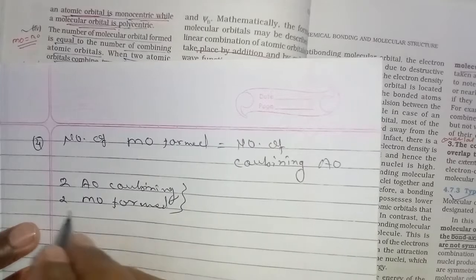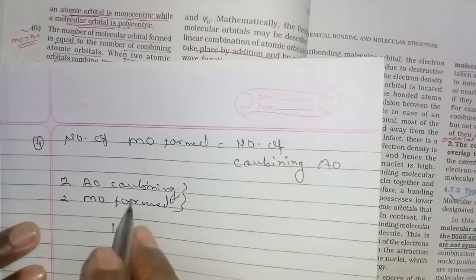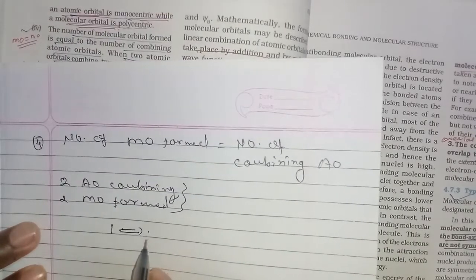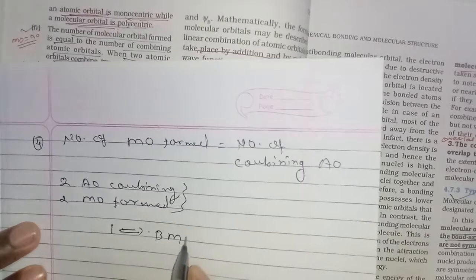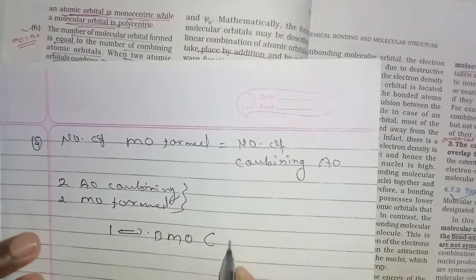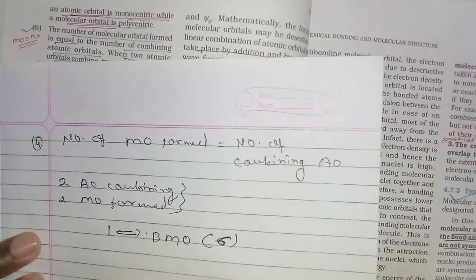One is called the bonding molecular orbital, represented by sigma.